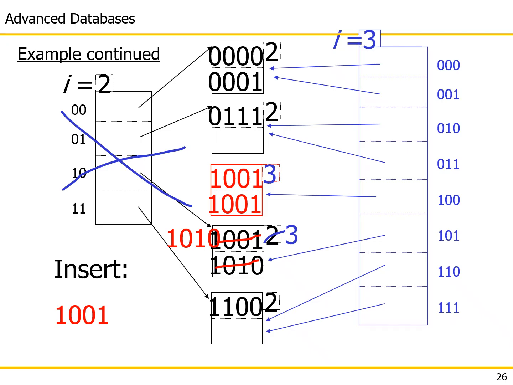Now, when we said i equal to 3, it means I have 3 bits I'm using to differentiate between the entries, so that will vary from 000 all the way till 111. And I adjust the pointers according to what I have already described before.